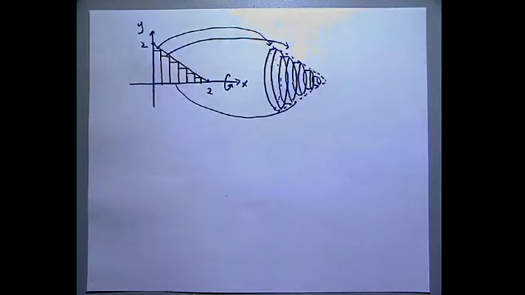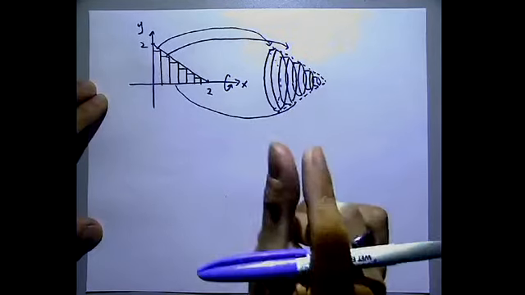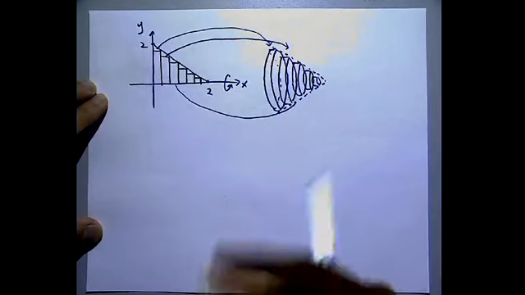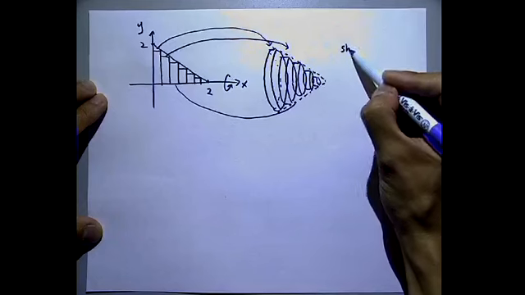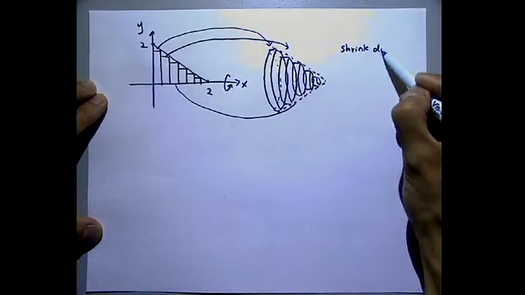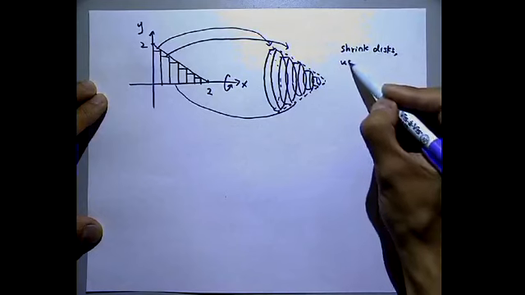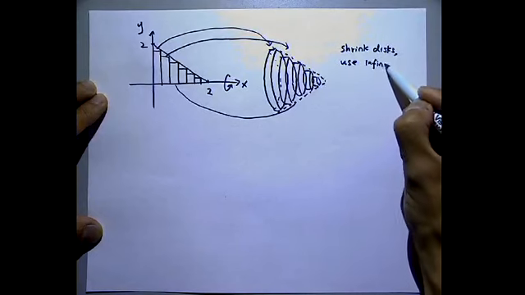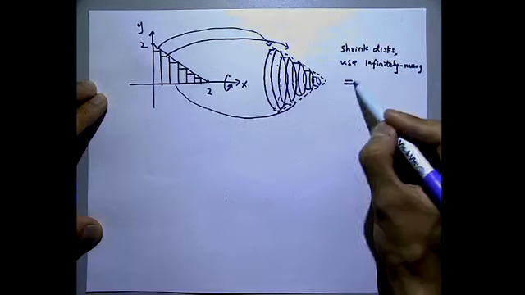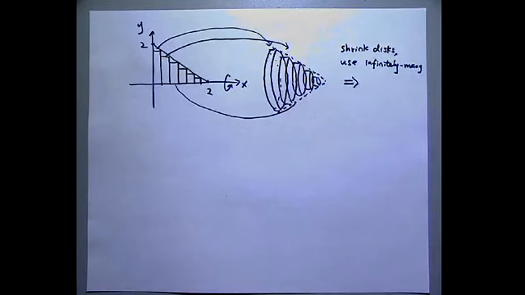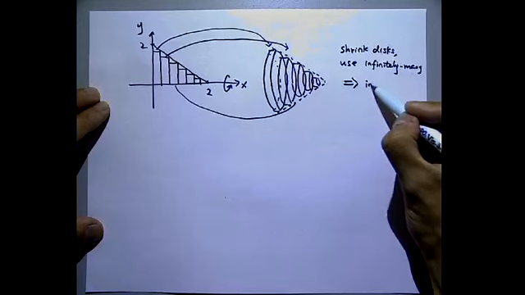Now, of course, if I just pile on a bunch of disks like this, I won't get the exact volume. But to get the exact volume, we shrink these to almost zero thickness, and then use an infinite number of disks. So then we shrink the disks. At the same time, use infinitely many. Now, anytime you hear something like that, shrinking and infinitely many, that's an automatic clue that we're doing an integration of some sort.